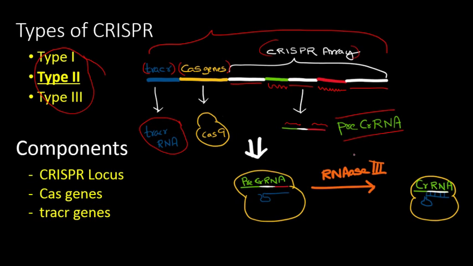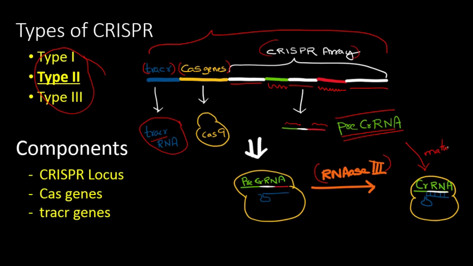The enzyme RNase 3, once this pre-CRISPR RNA is attached to the Cas9 system along with the tracer RNA, will cleave this pre-CRISPR RNA to CRISPR RNA. That is called maturation.